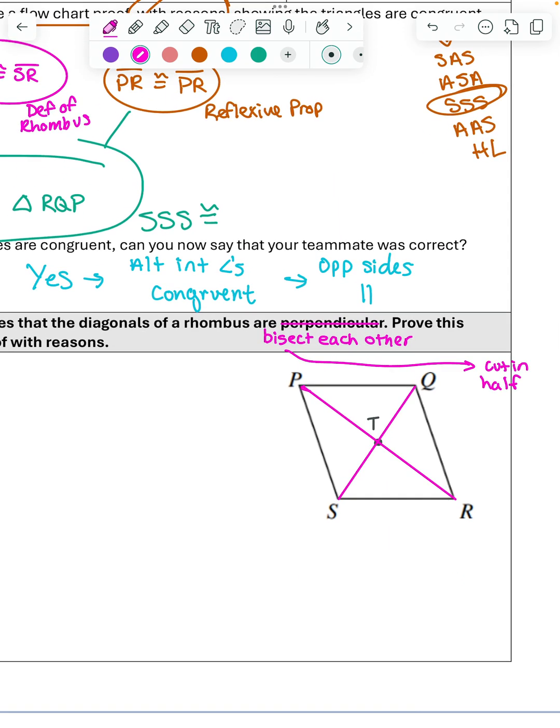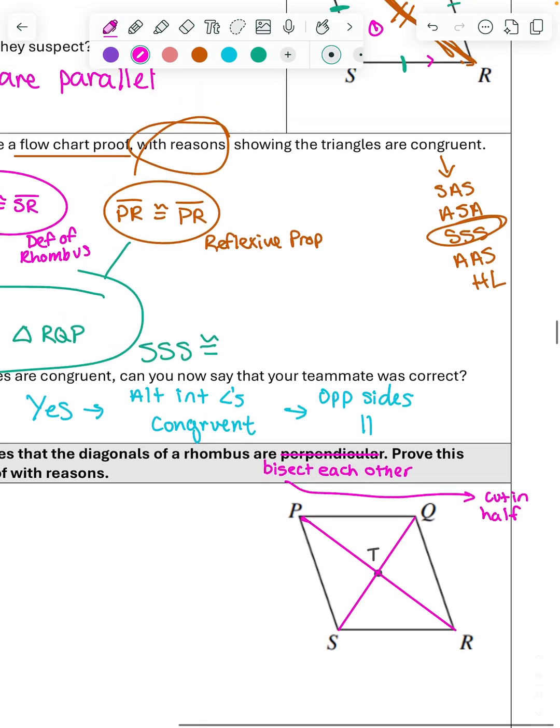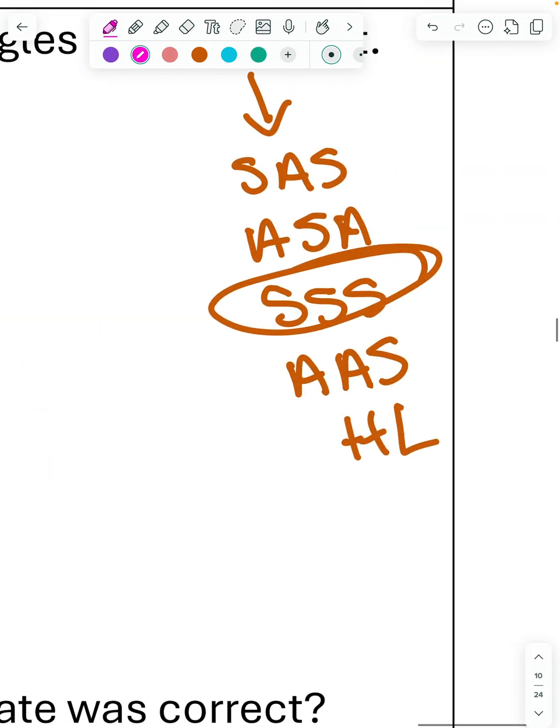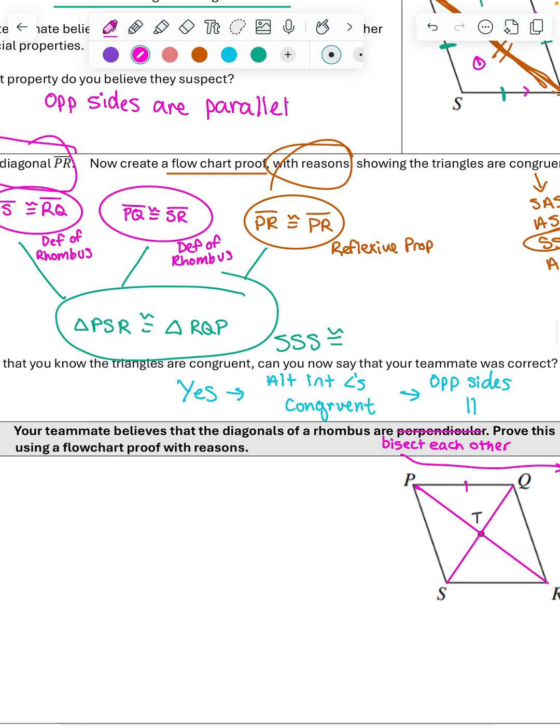Again, I am looking to prove that these triangles are congruent. So I am wanting to look for one of these 5 congruent statements. So let's start with the fact that all the sides are congruent.